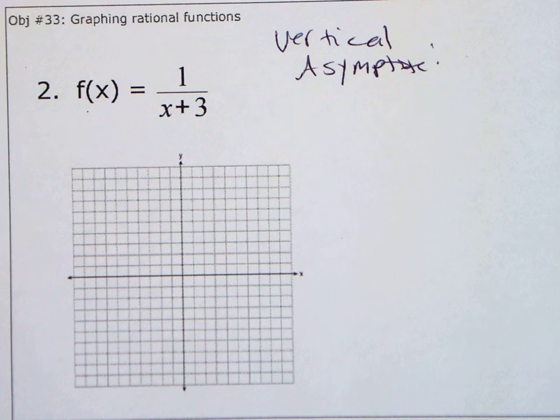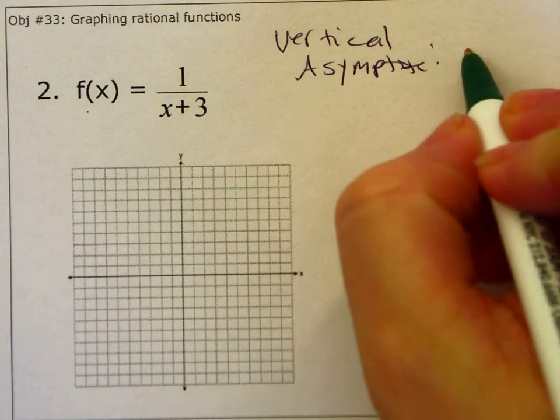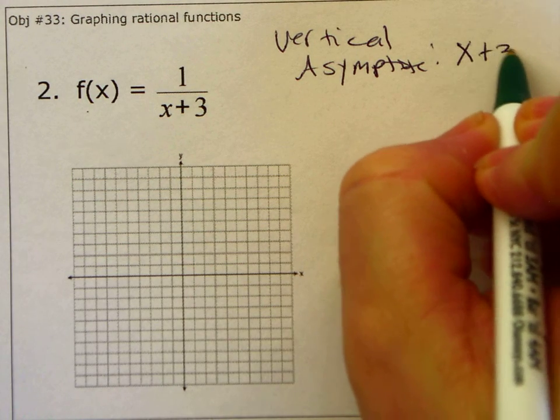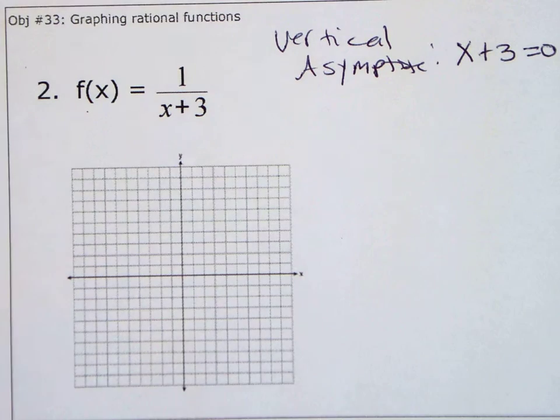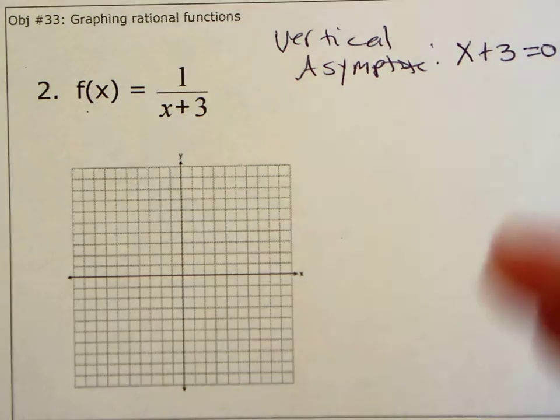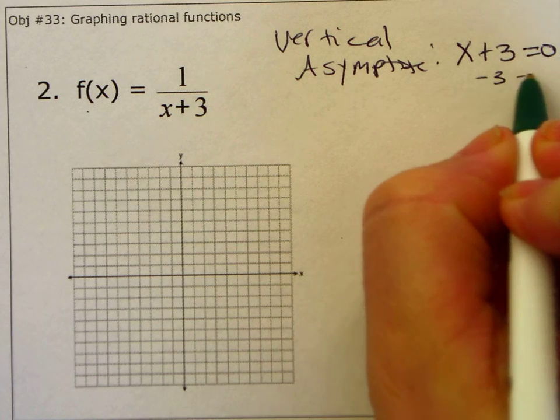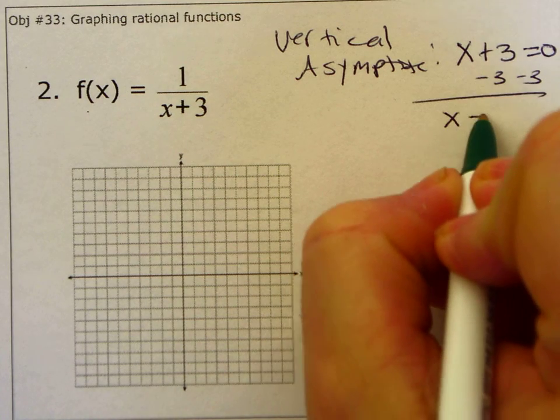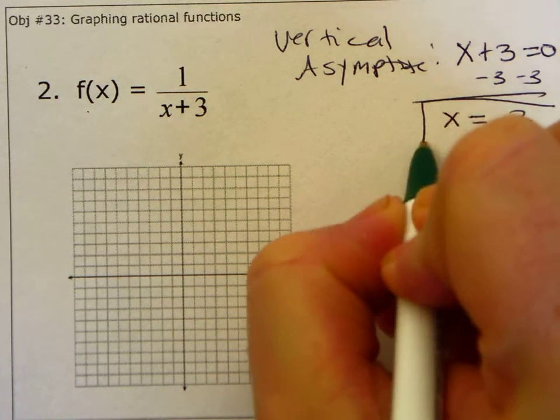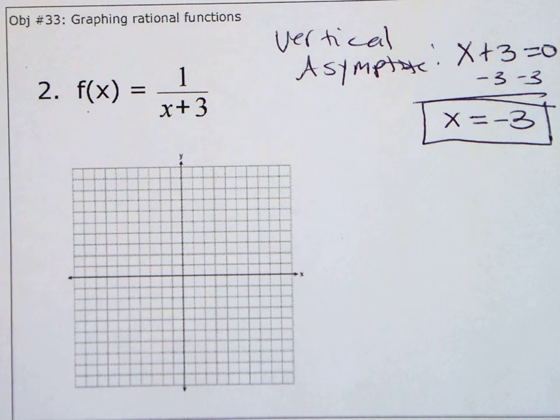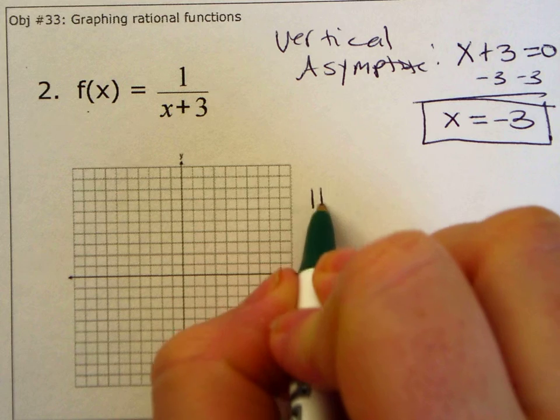You cannot have 0 in the denominator. So you're going to set the denominator equal to 0. We did this when we found domain and range. Set the bottom equal to 0. Minus 3. x equals -3 is your vertical asymptote. The graph will never cross that line. Okay. Horizontal asymptote's a little different.